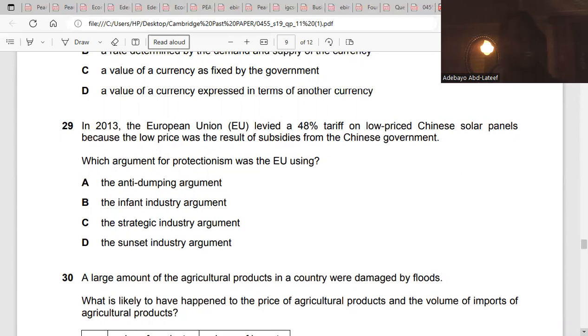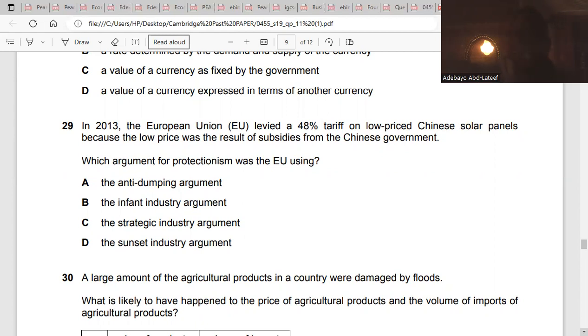Imagine, normally, imports from China, like solar panels, are supposed to be expensive, but here they seem to be less expensive. So if imports become less expensive than domestic products, then we call it dumping. Dumping means the prices of imported products are cheaper than domestic products.